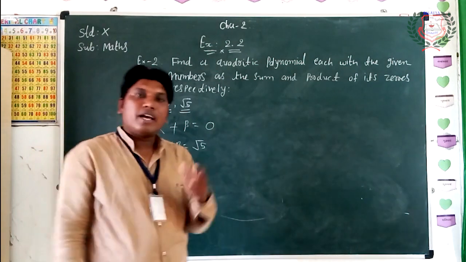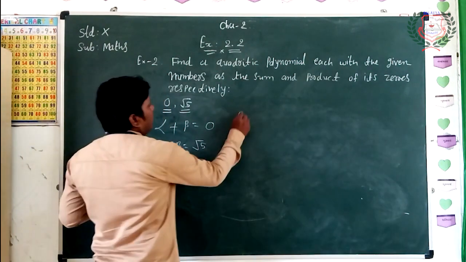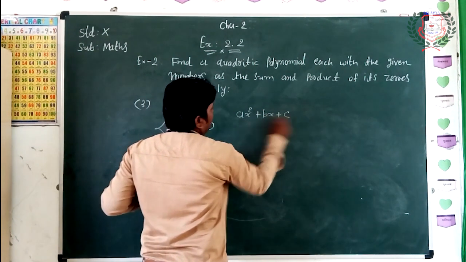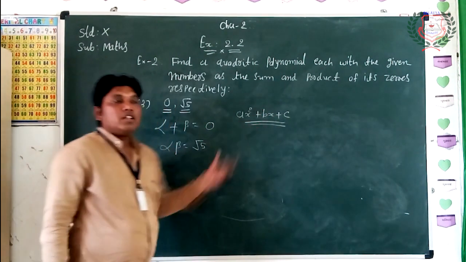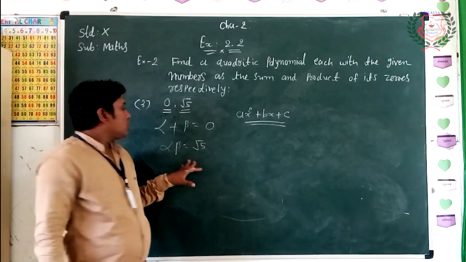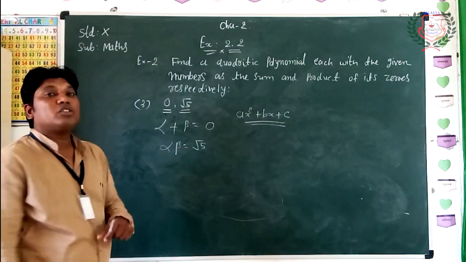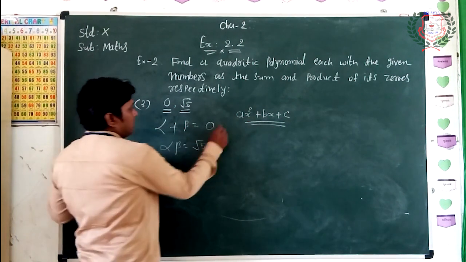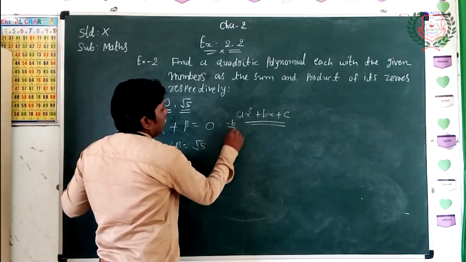As usual, what is the standard form? Ax square plus bx plus c. Remember it, it is our standard form of a polynomial. So now take out the values of a, b and c. You know the formula, yes, minus b upon a.